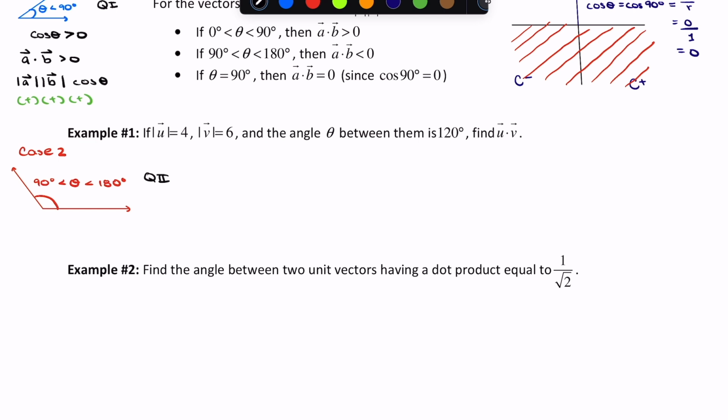Since it lies in quadrant number 2, that's when cos theta is less than 0, or negative. And we see that vector A times vector B will also be less than 0. When we look at the magnitudes, those will be positive, but because cos theta is in quadrant 2, that will be negative.